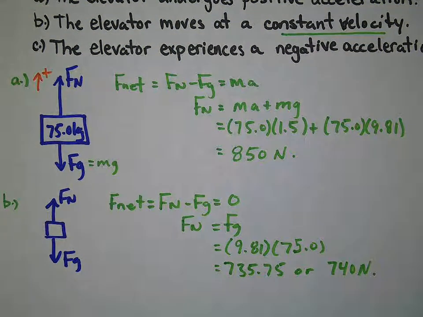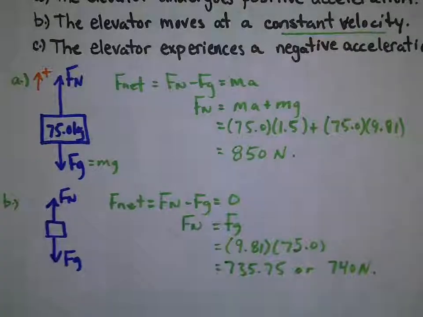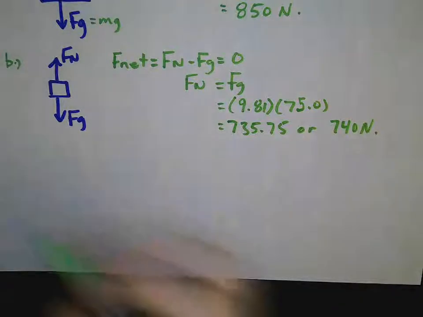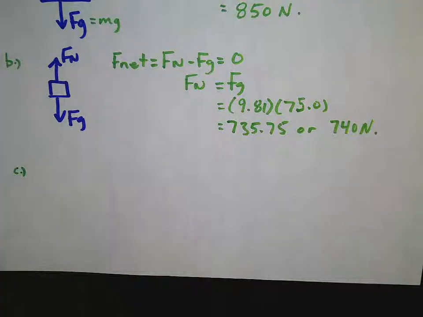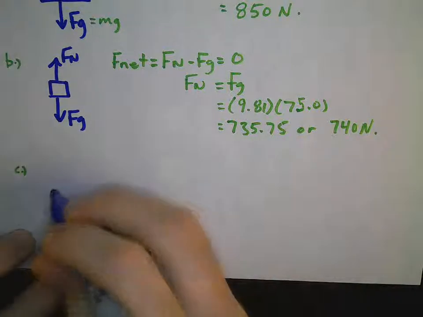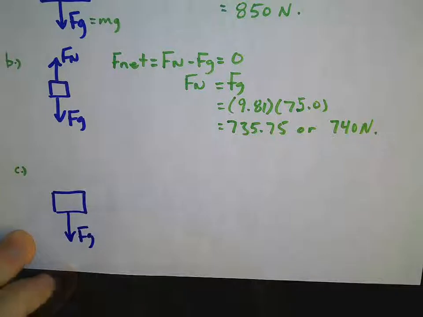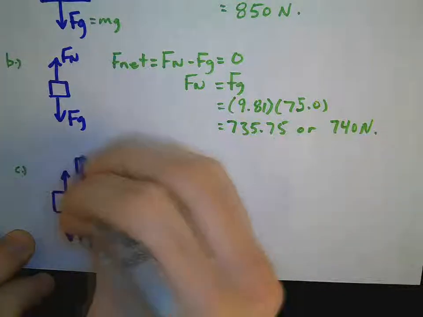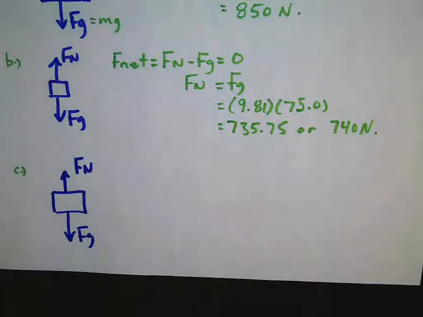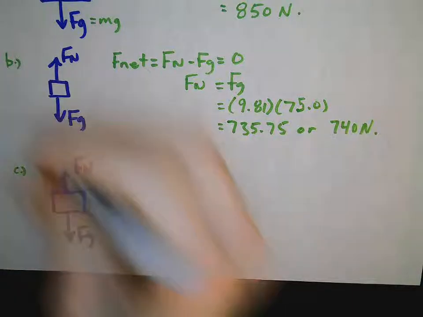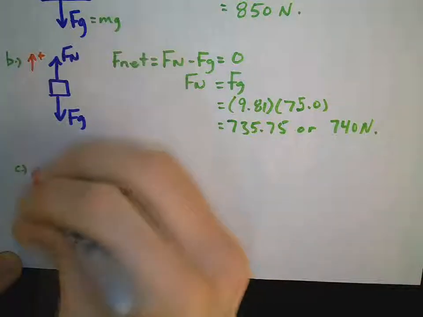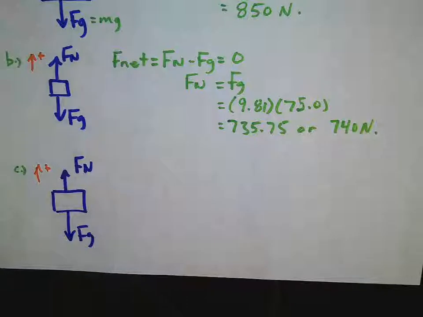Let's look at C. Downward or negative acceleration. Yet again, this passenger has experienced a force of gravity and a normal force. Up is positive. Again, I can figure out my net force.